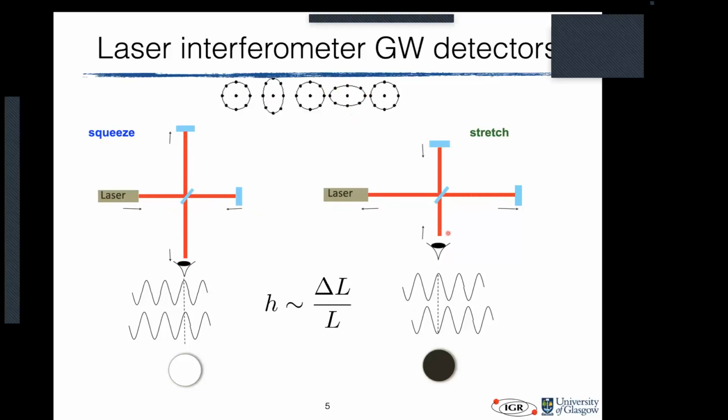And as a result of the stretching and squeezing, effectively the time of travel of light down the arms has changed. And so, for example, in this configuration, you would have constructive interference, so you have a bright spot. And then in this configuration, you will have destructive interference and you have a dark spot. Okay, and that's basically the principle behind how a gravitational wave interferometer detector works.